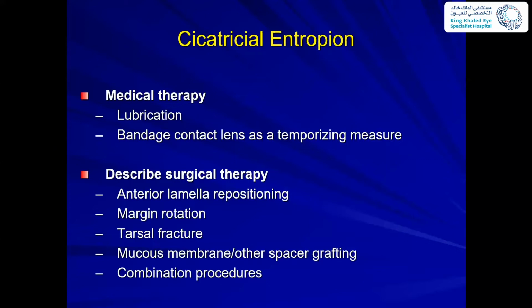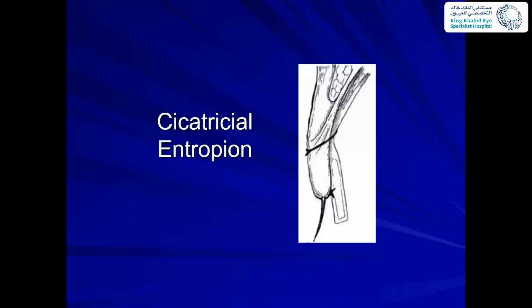So what surgical options do we have? We have anterior lamella repositioning, lid margin rotation, tarsal fracture, and mucous membrane grafting if there is very severe conjunctival scarring, and you can do a combination of the above procedures.